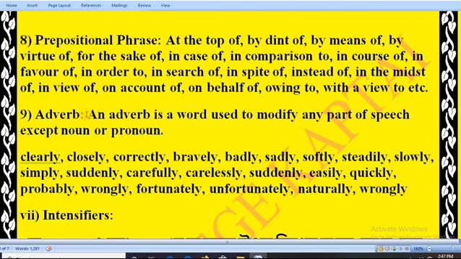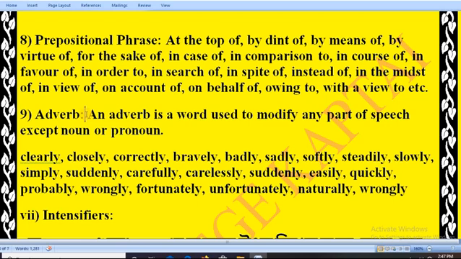Suppose he walks slowly. সে হাঁটে, কিভাবে হাঁটে? Slowly হাঁটে. He speaks fluently. সে কেমন করে কথা বলে? Fluently কথা বলে. So these words are adverbs.